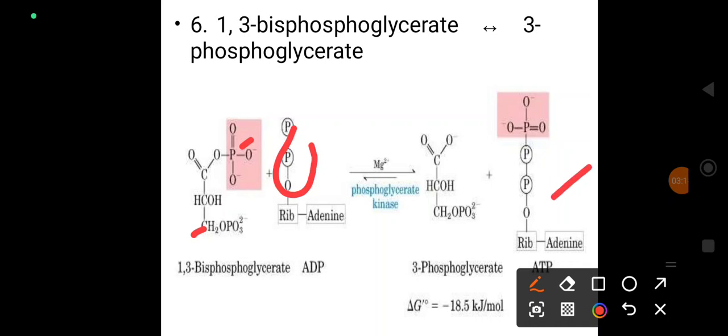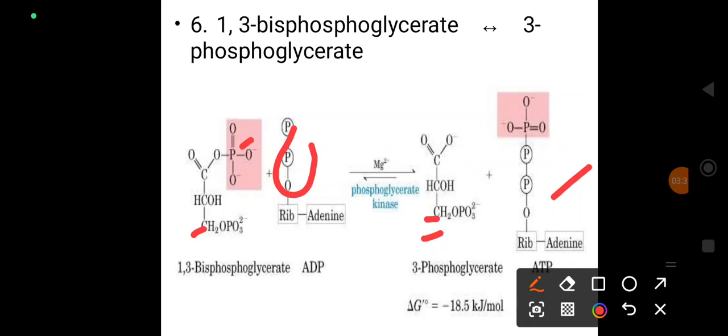Now, it gives you 3 phosphoglycerate. One phosphate group here is lost. So, ADP becomes ATP, and this is 3 phosphoglycerate. The third carbon atom has the phosphate group.